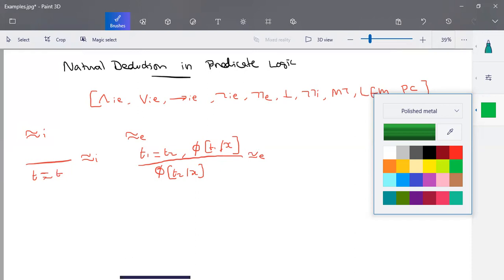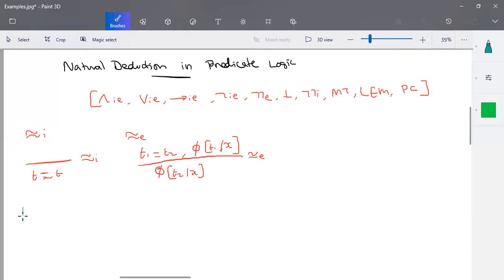And similarly for for all x, when you want to insert and when you want to eliminate for all x. Elimination is easy, so I'll write the rule for elimination first. When you have a predicate logic formula given with for all x binding, it means that it is satisfied for all terms.